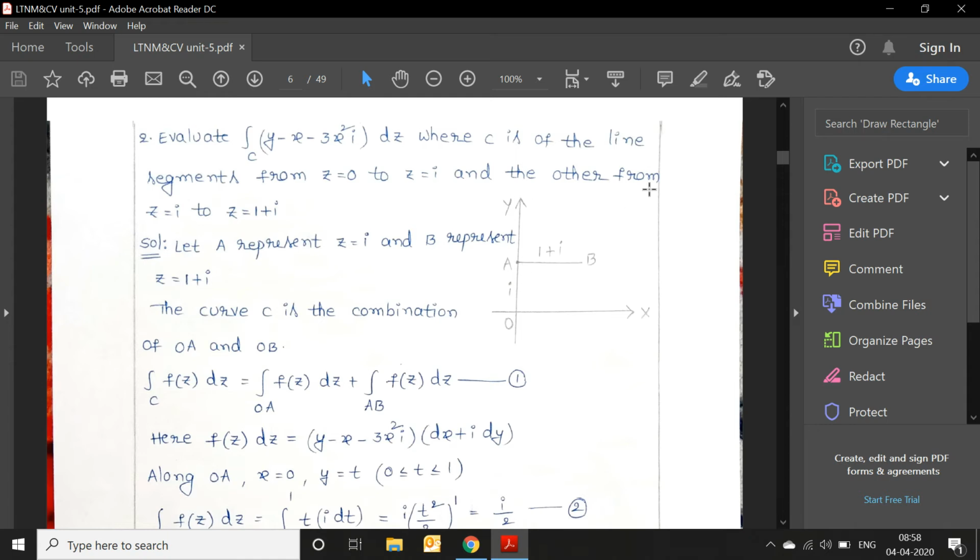Going to the other, from z is equal to i to z is equal to 1 plus i, the x value is 1 and the y value is also 1. So the point is (1, 1). How to identify (1, 1)? On the x axis 1 and the y axis 1. So this is the point (1, 1). So the first line segment is OA, the other line segment is AB.